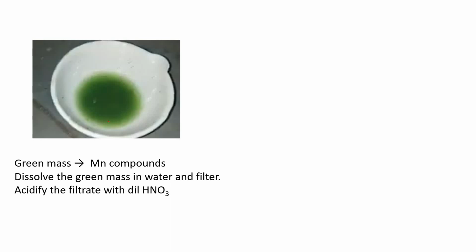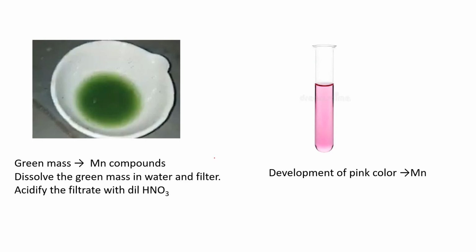If you get a green mass, that indicates manganese. You first filter it and then add nitric acid, and you get the pink coloration. So a green mass indicates a manganese compound. Dissolve the green mass in water and filter, and acidify the filtrate with dilute nitric acid. Then you will get the development of pink color.